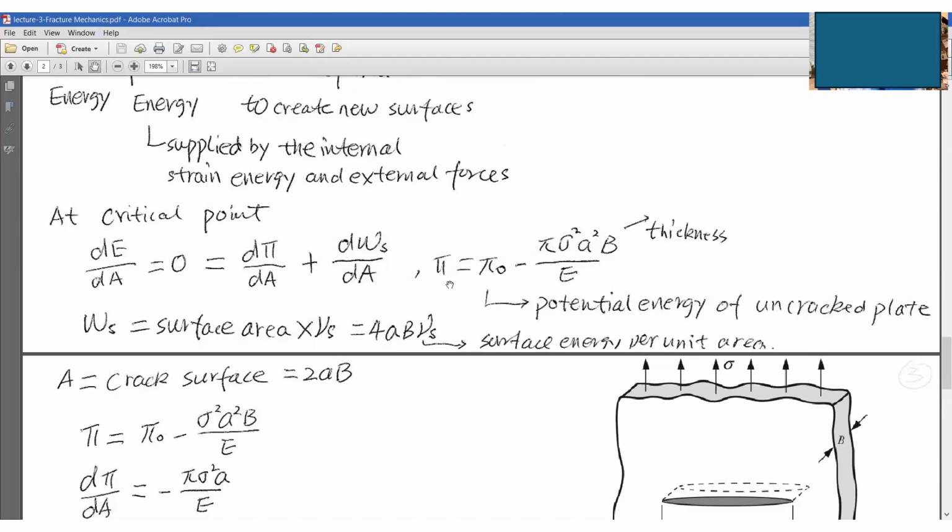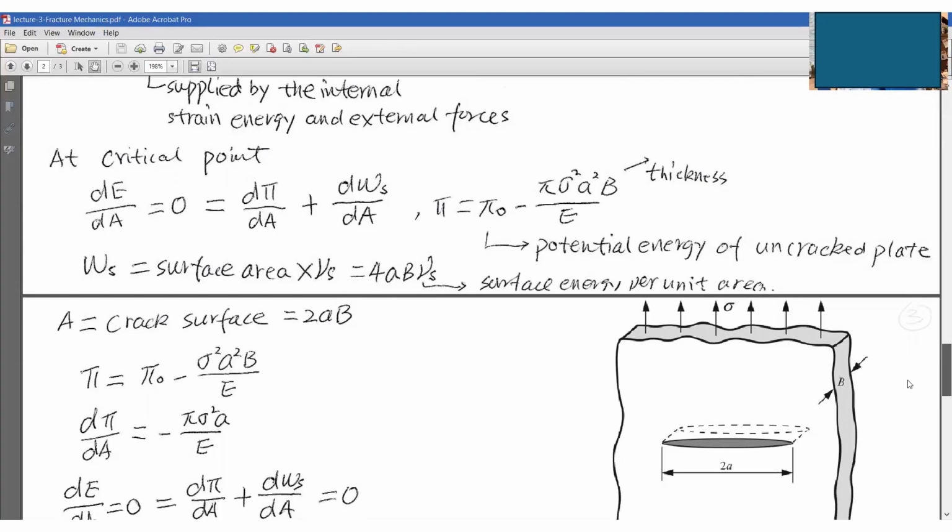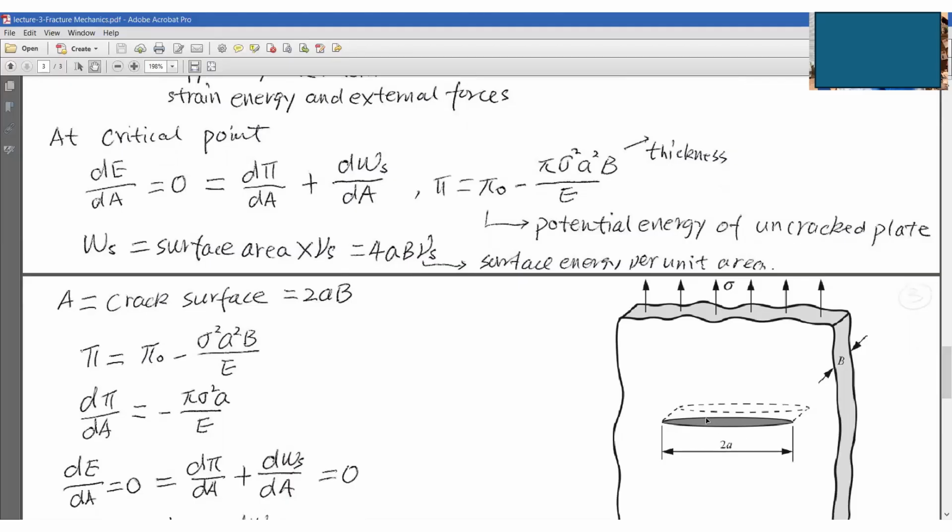So pi can be written in terms of pi 0, sigma squared, a squared, B, and the Young's modulus E. The crack surface A equals 2a multiplied by B, and we assume it is a sharp crack.